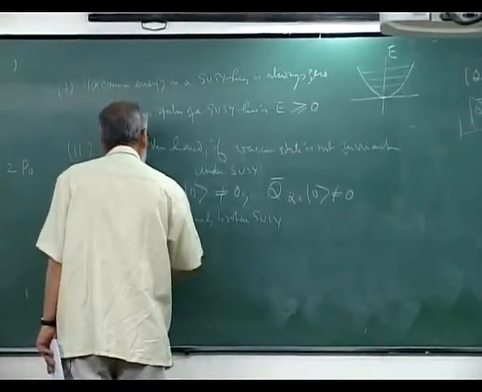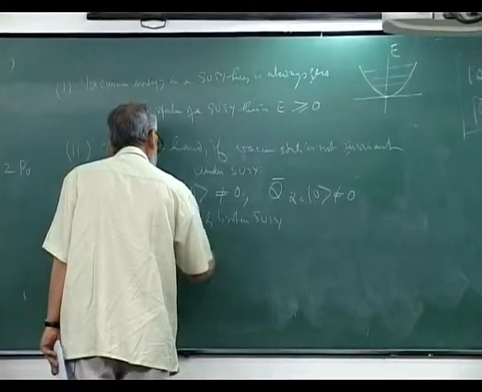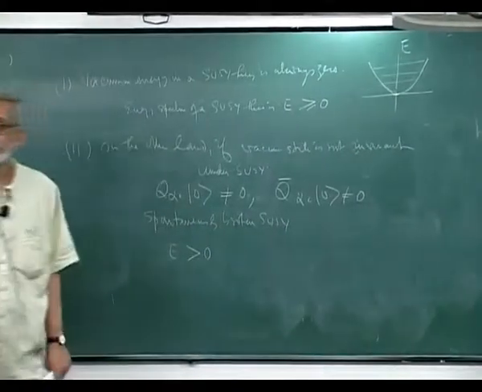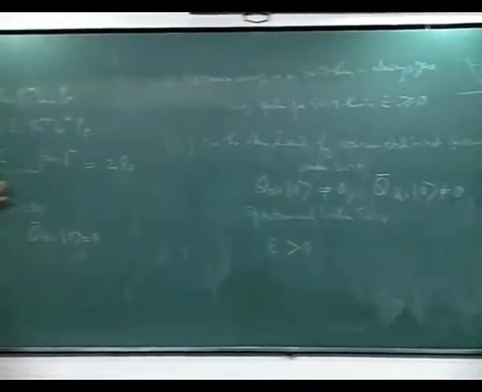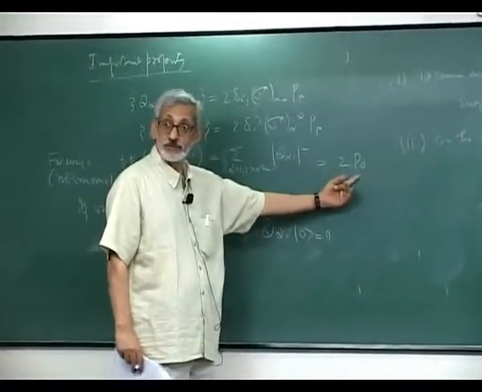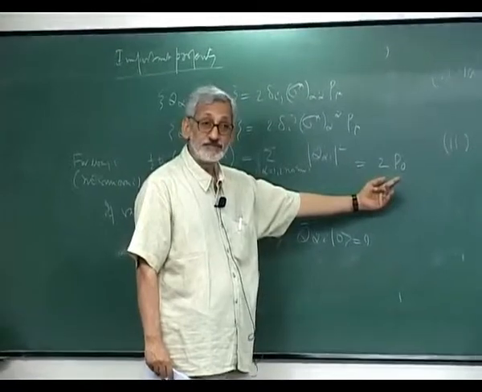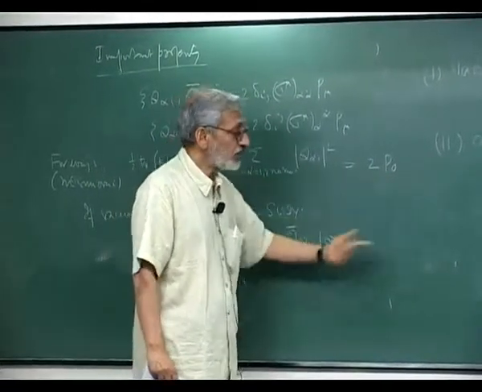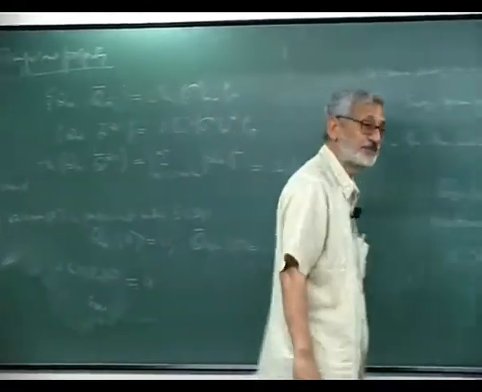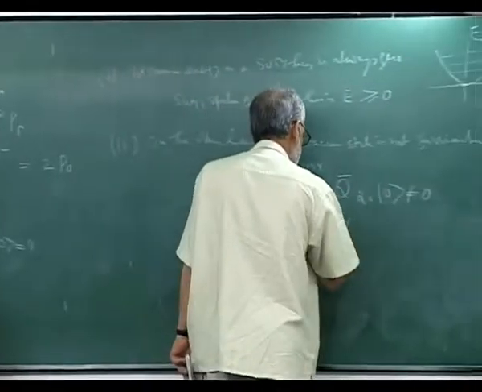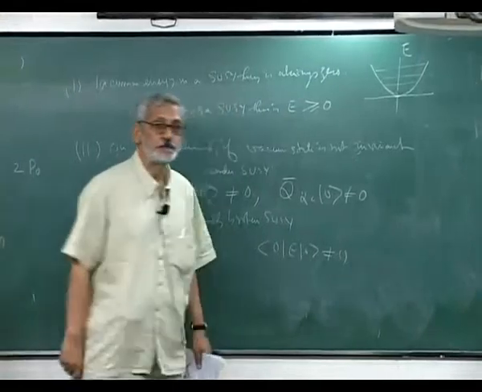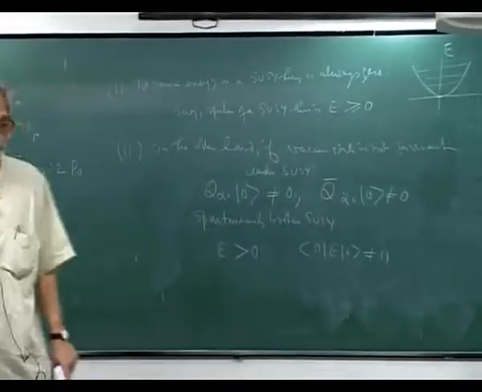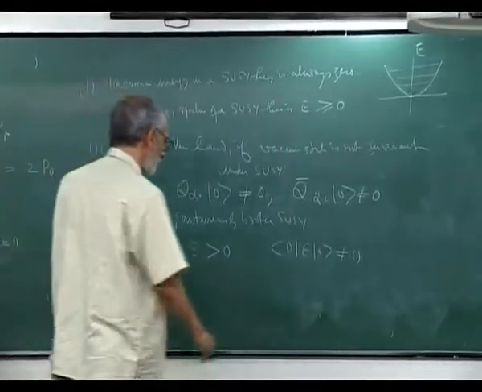But in this case, because this object is squared, it is always positive, but its minimum is not at zero. Or P0.